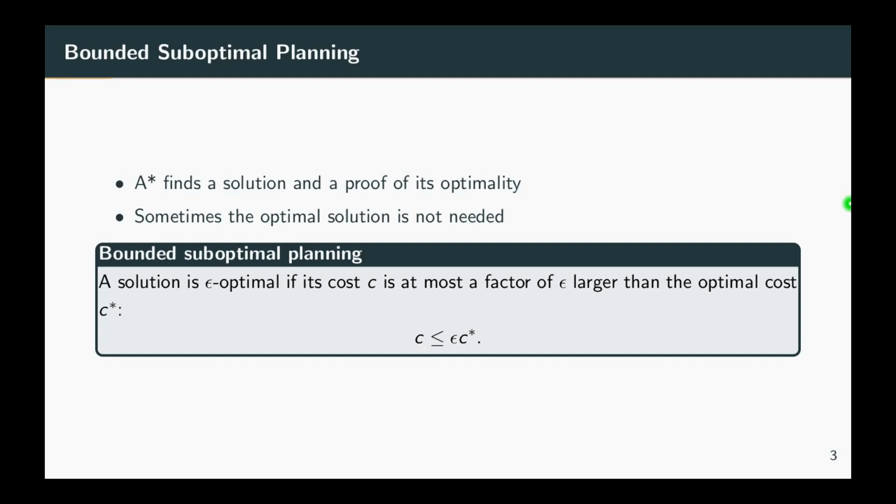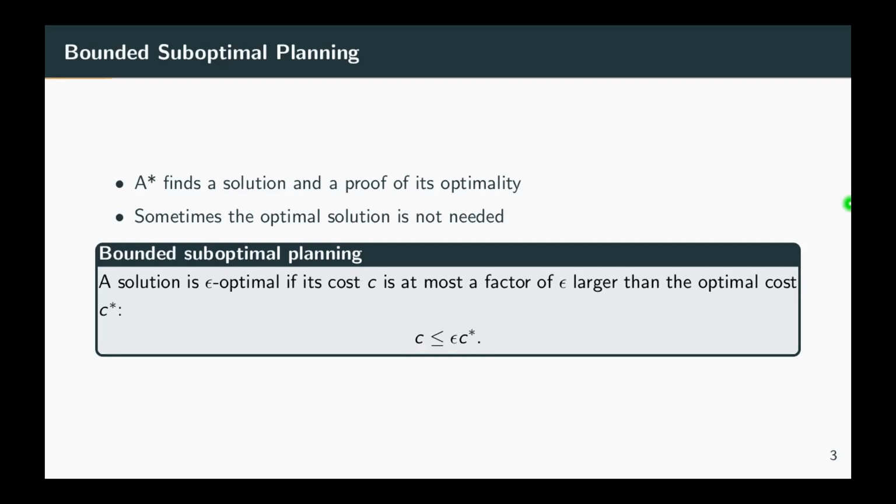And bounded suboptimal planning can do that, but not only will it be suboptimal, where we don't know how good the solution is, we can have a user-provided value, often termed epsilon, which tells us how close the reported solution can be in the worst case to the optimal solution.